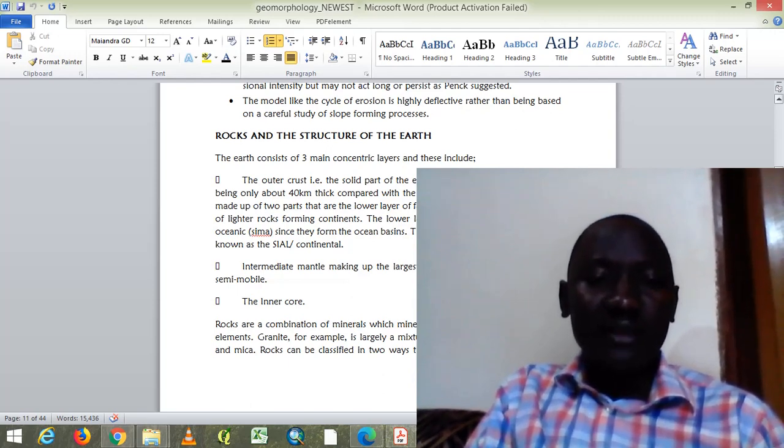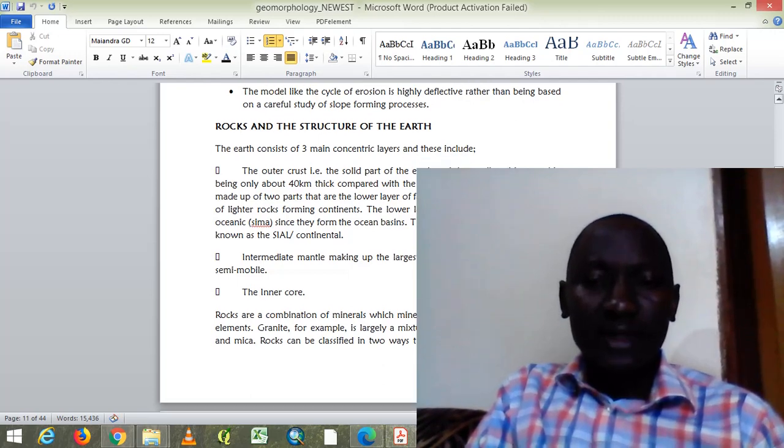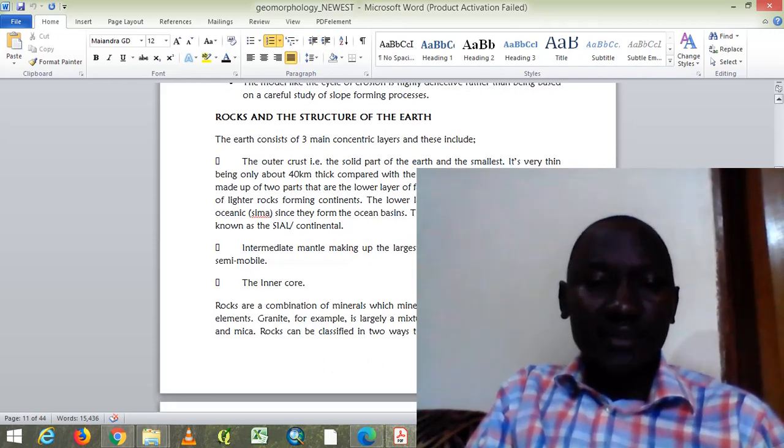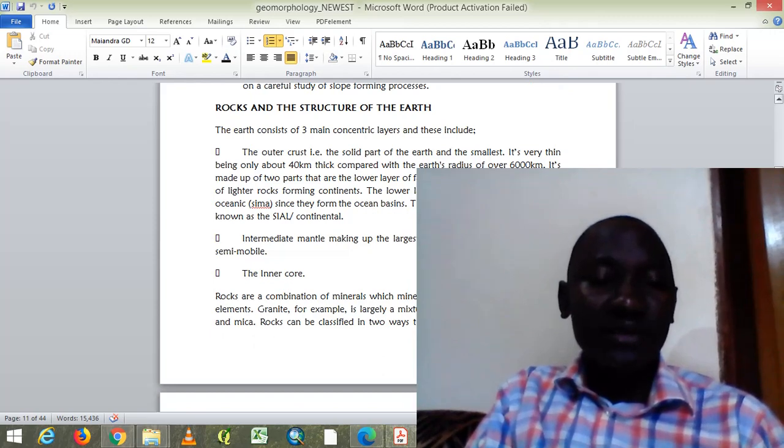This crust is made up of fairly dense rock, and then we have the upper layer, which is made up of lighter rocks forming continents. The lower layers of the rocks are described as the oceanic, what we refer to as the sima, and then the upper overlying rocks are known as the sial or the continental crust.